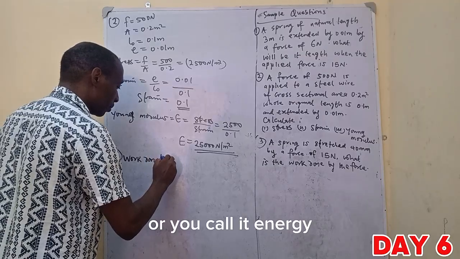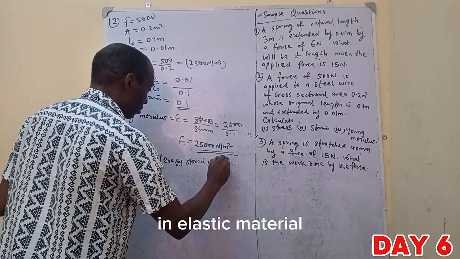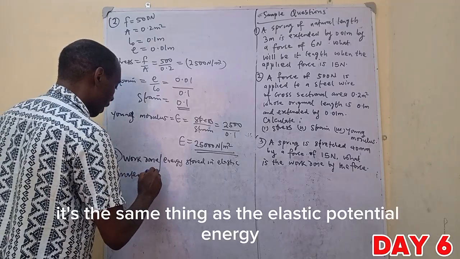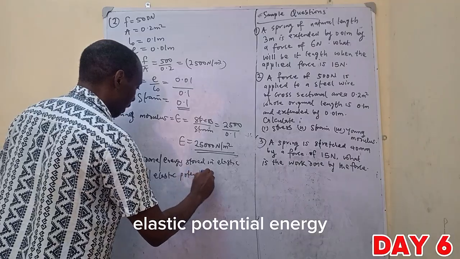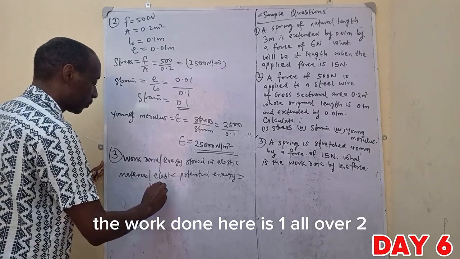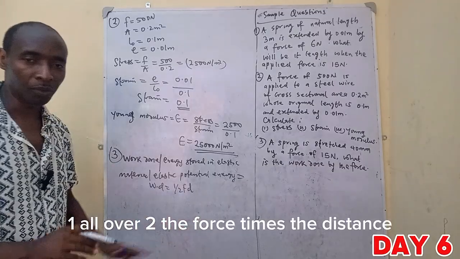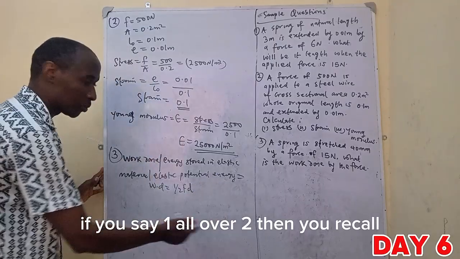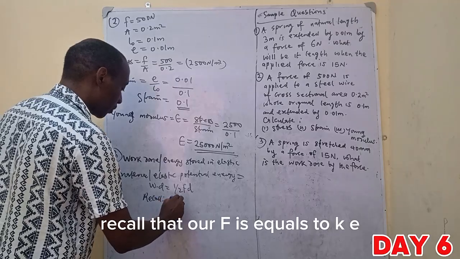The work done, or we call it energy stored in elastic material, is the same thing as the elastic potential energy. How do we calculate this? The work done here is 1 over 2 times the force times the distance. Recall that F is equal to Ke.